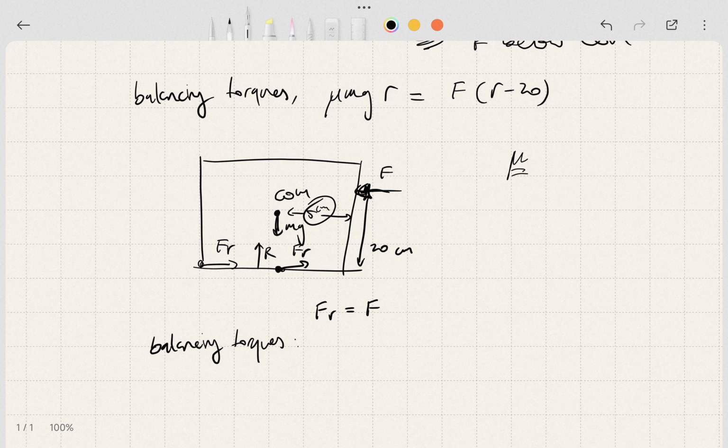Okay, let's have a look at the final hint. Hint 4.